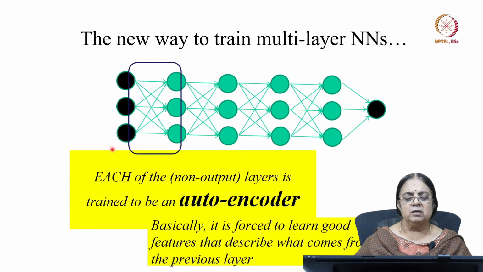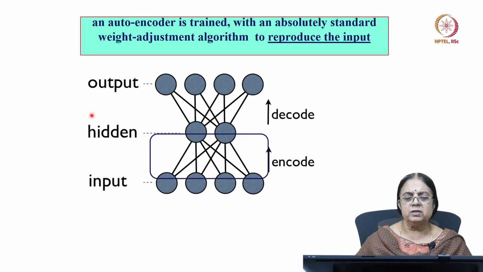So what is it that each of these layers is actually doing? Each of the layers is trained to be an autoencoder, so it learns that the output will be the same as the input. If we look at this, this is your input and this is your output, and you consider a hidden layer here.